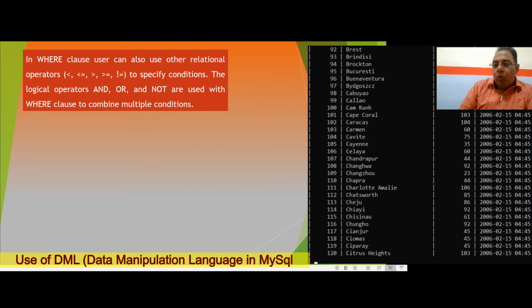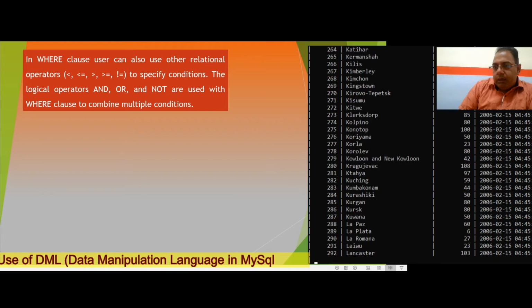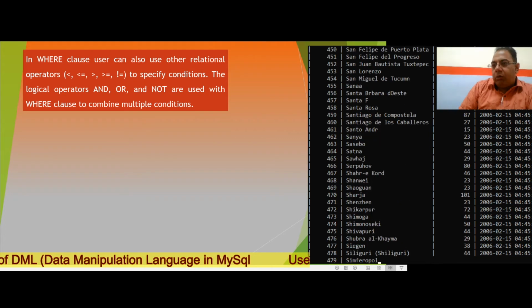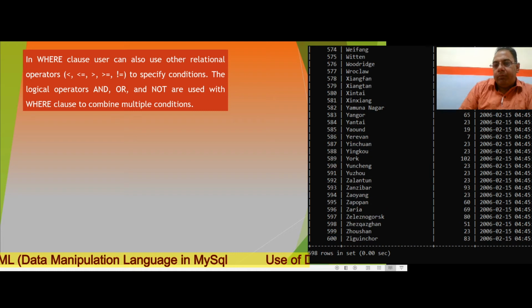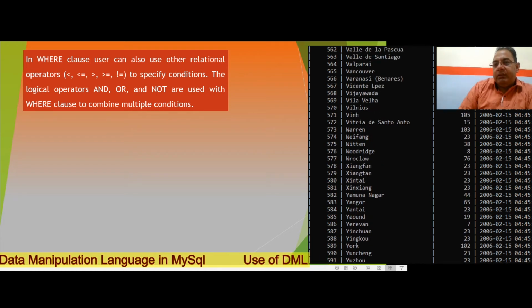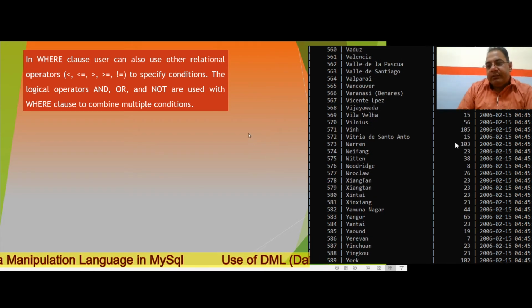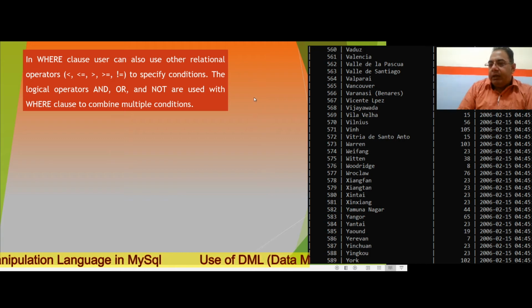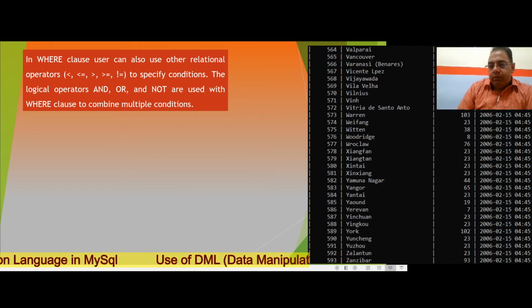It will display all the records where id is not equal to 10. You can see that no id is there with id 10.